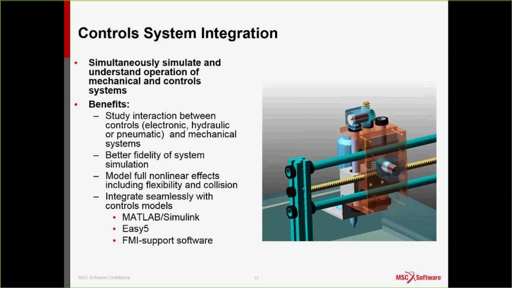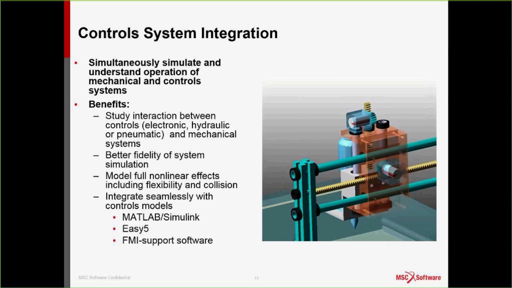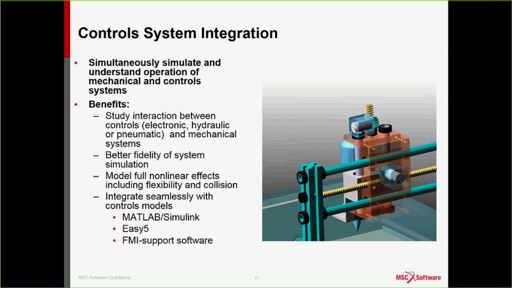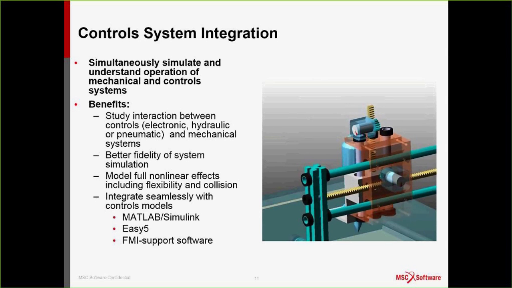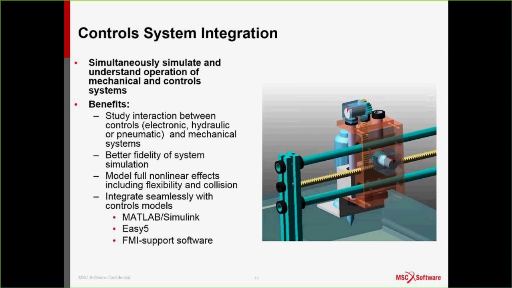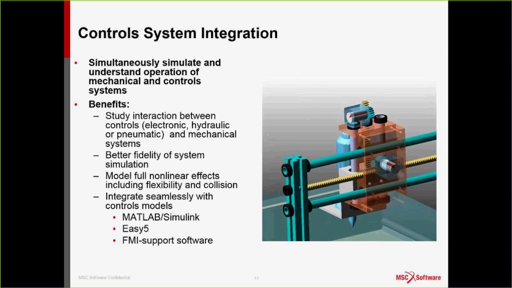So how do we integrate with other control software, and what control software can be coupled with Adams? We have a tool called Adams Controls. Basically, it allows you to connect with control systems like EZ5, MATLAB Simulink, or any software that supports the FMI standard. FMI is the Functional Mock-up Interface.